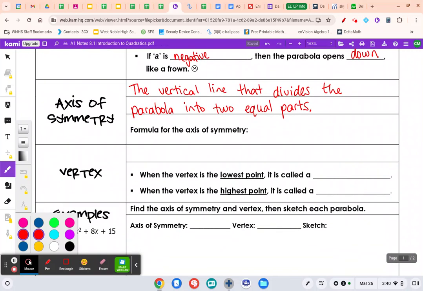So we have a formula for the axis of symmetry. This formula is x equals negative b over 2a. Okay? This gives you the equation of a vertical line.